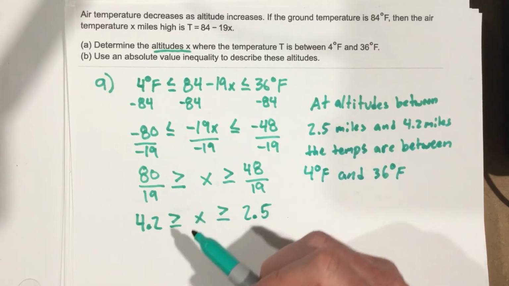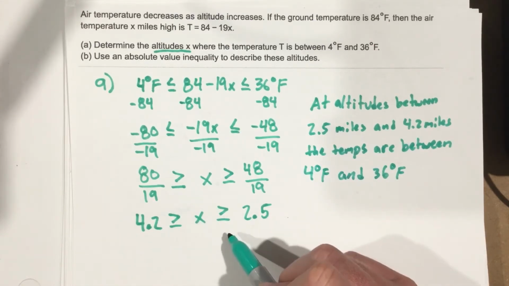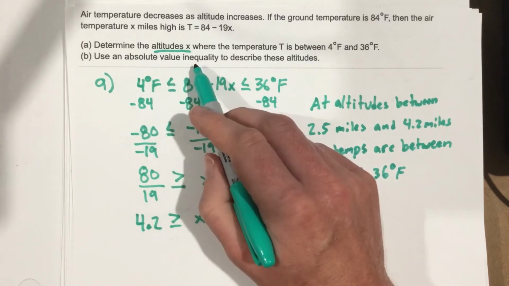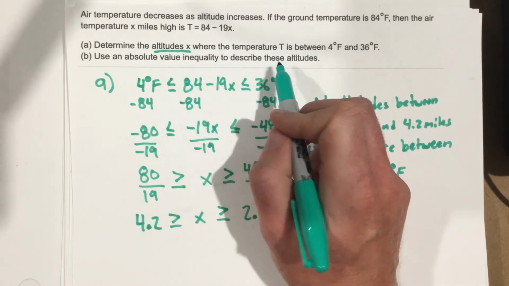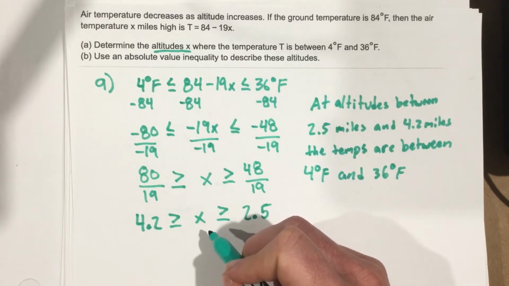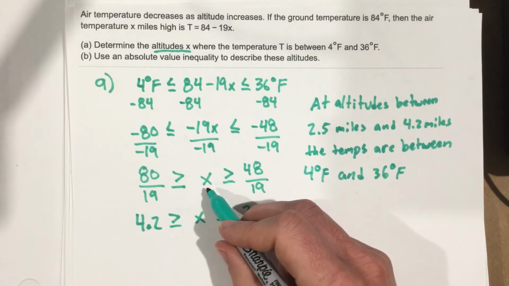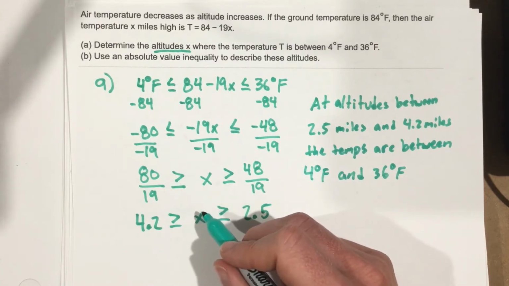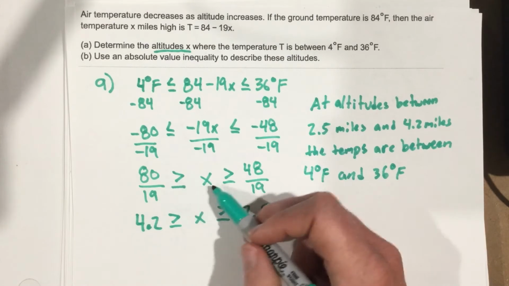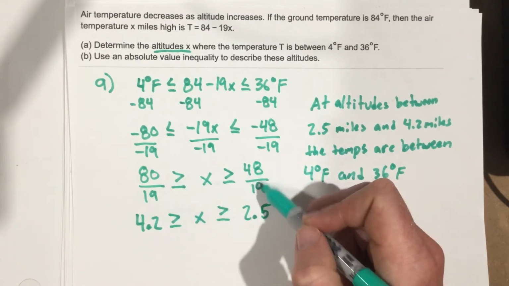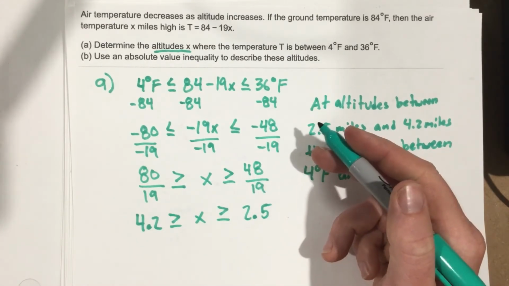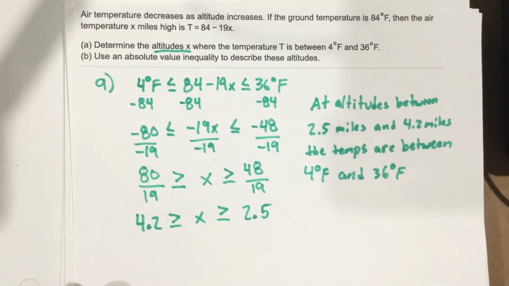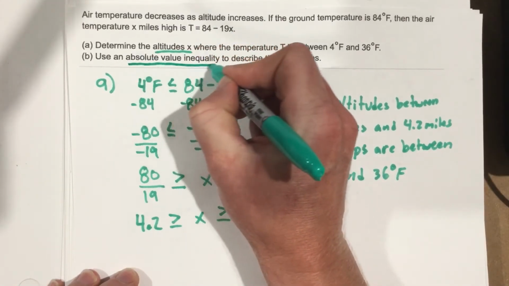Part B, use an absolute value inequality to describe these altitudes. So let's figure out essentially the middle. What's the difference between 80 over 19 and 48 over 19? Let's figure out that difference, because that's how we're going to set up an absolute value inequality.